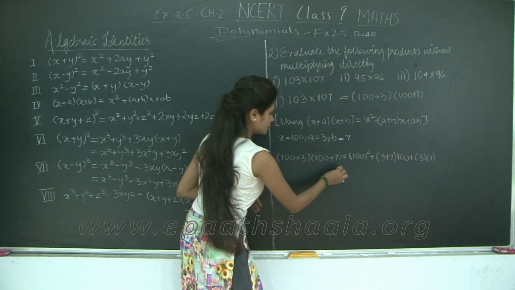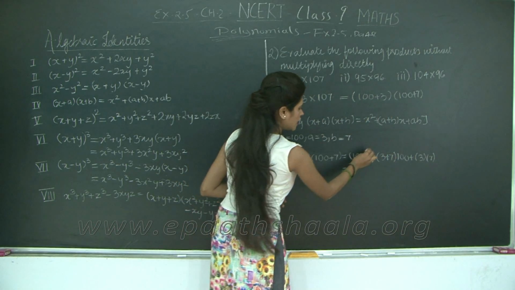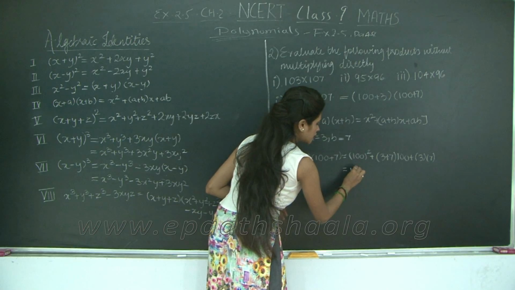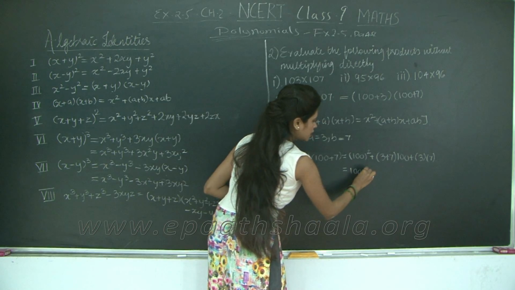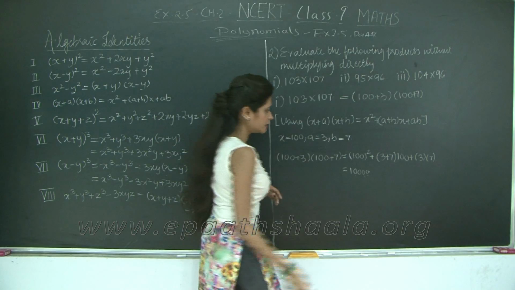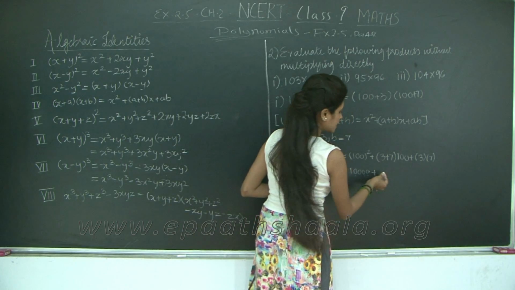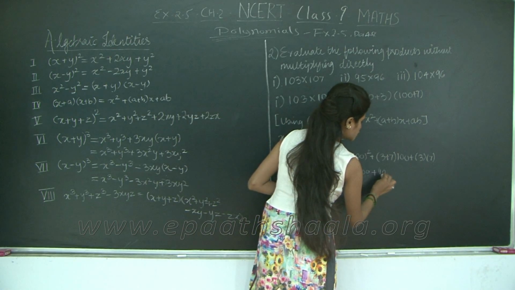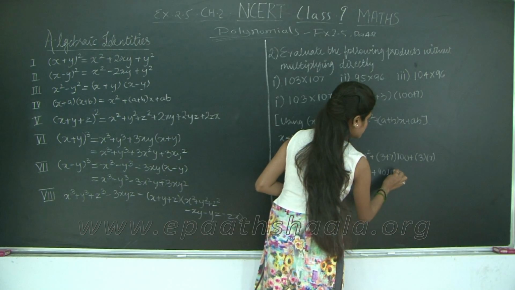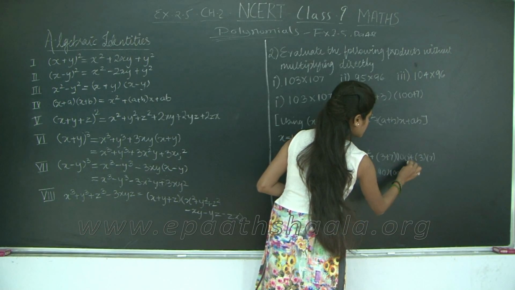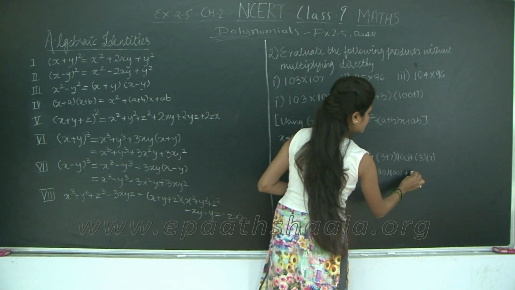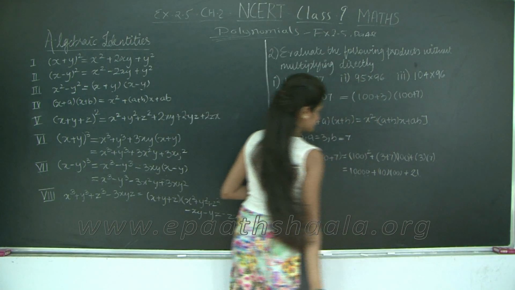Which is equal to, now 100 to the power of 2 is 10000, right? Plus 3 plus 7 is 10, so this would be 10 into 100 plus 3 into 7, 3 sevens are 21.